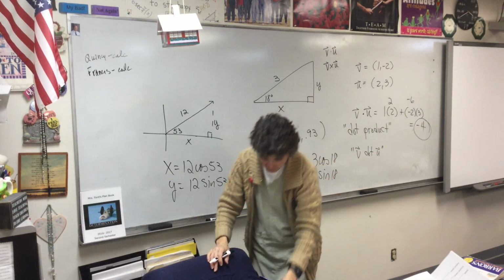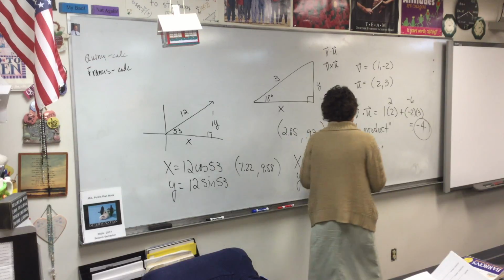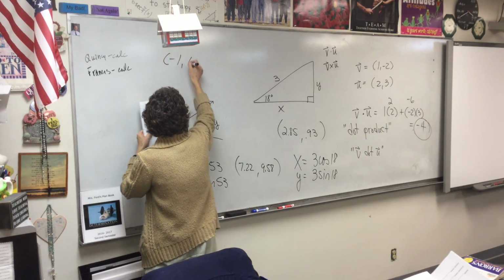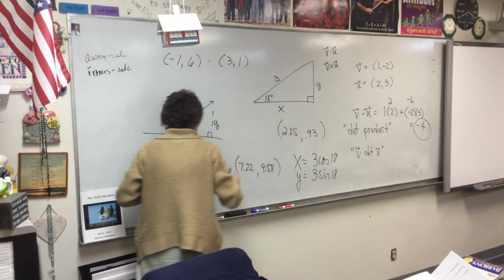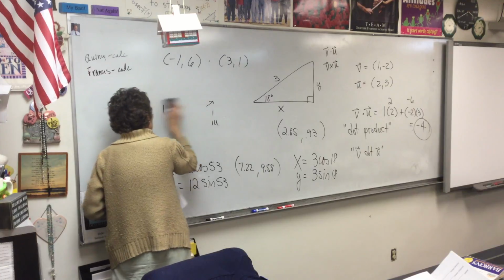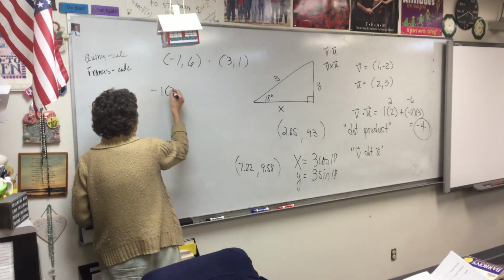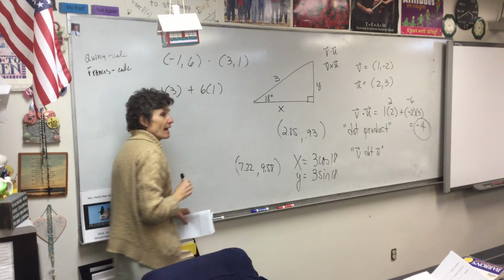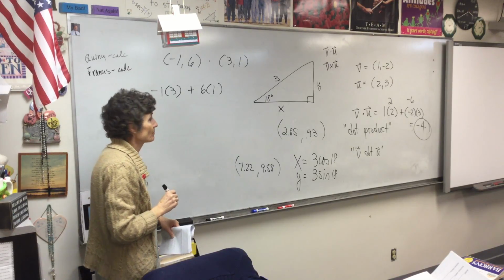So let's look at the second problem. Problem B. We are going to find the dot product of negative 1, 6 and 3, 1. So how do we do that again? X times x, y times y, and add them up. So what's the answer to problem B? 3.